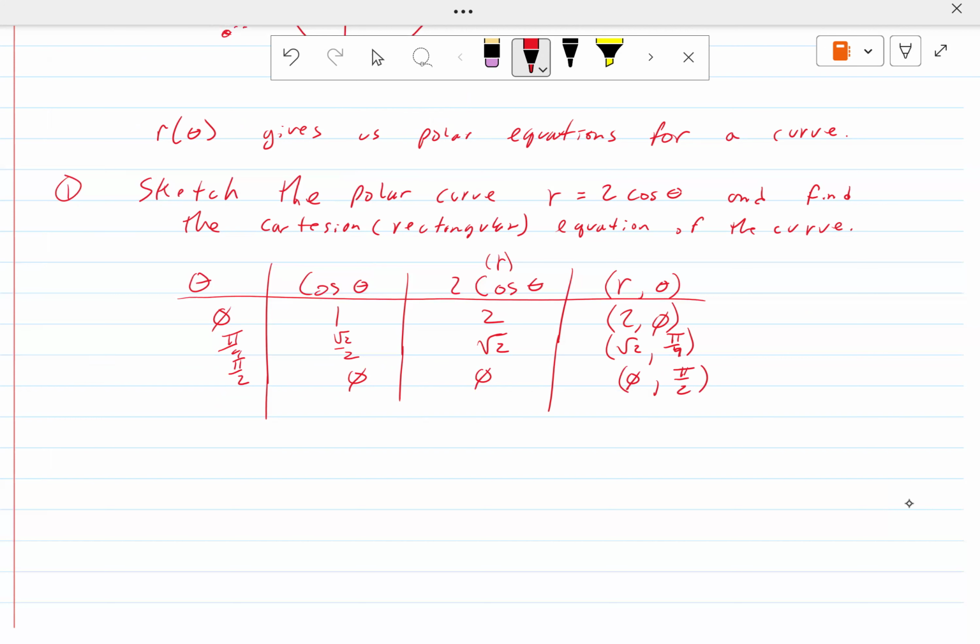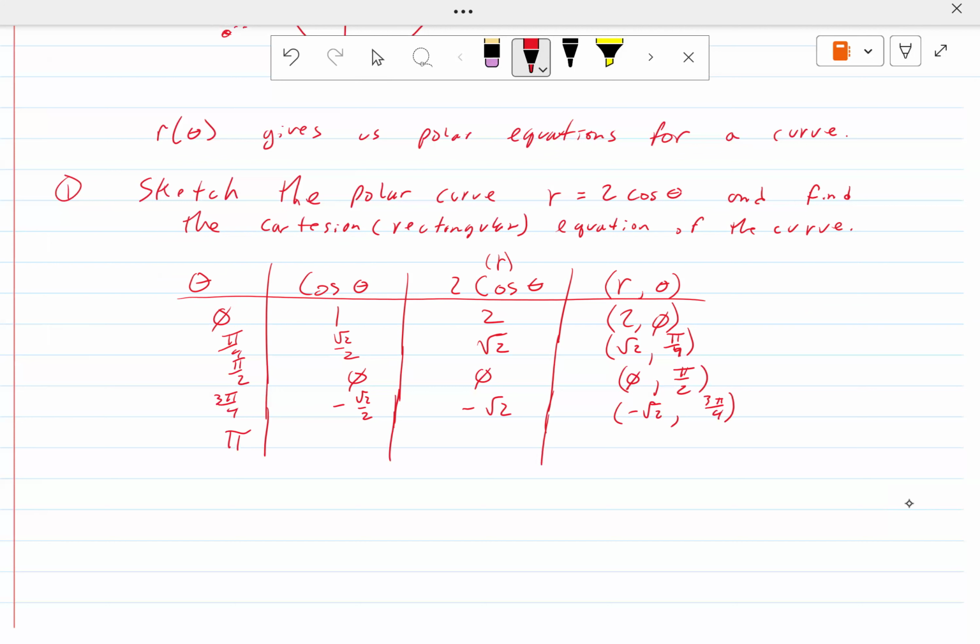If I take 3 pi over 4, I get negative radical 2 over 2, which is negative radical 2 when I multiply by 2. I cancel out that 2 on the bottom, and I get negative radical 2 and then 3 pi over 4. And then I get pi.